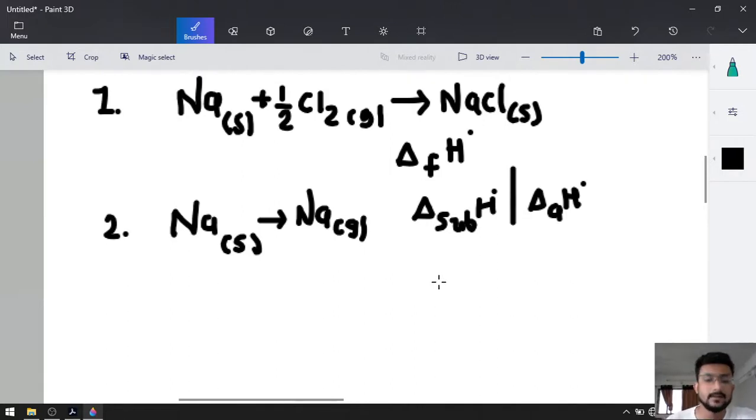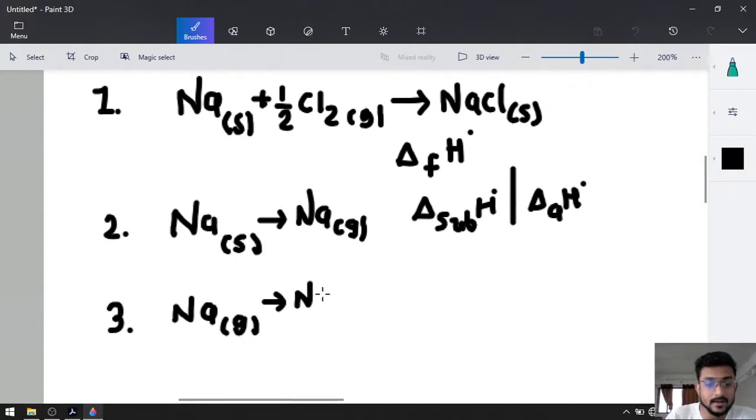After that, let's talk about our next step. In the next step, gaseous sodium will release an electron. So Na gas will release one electron and it will give us Na plus in a gaseous form and one electron.